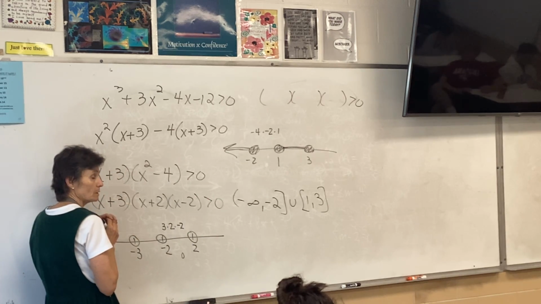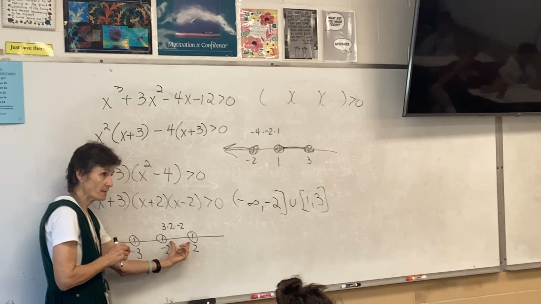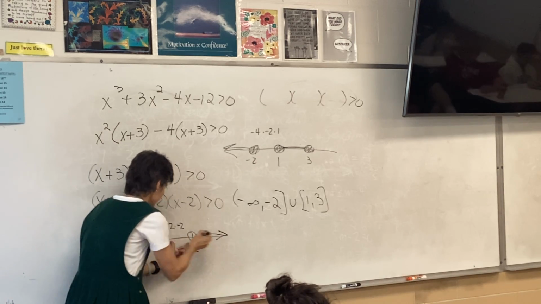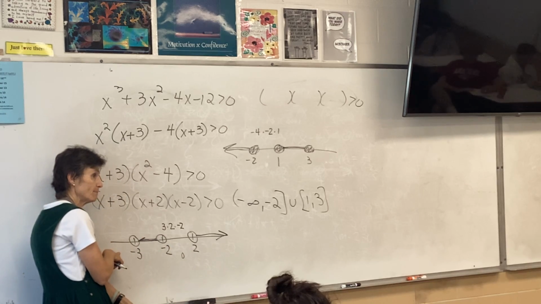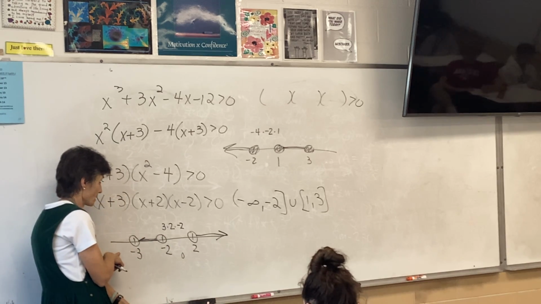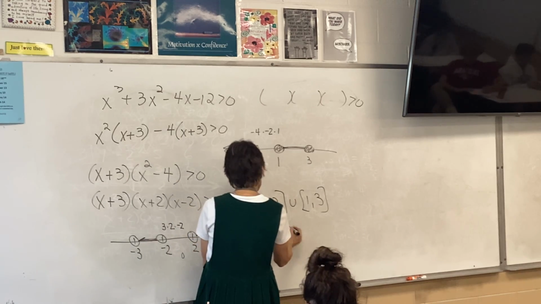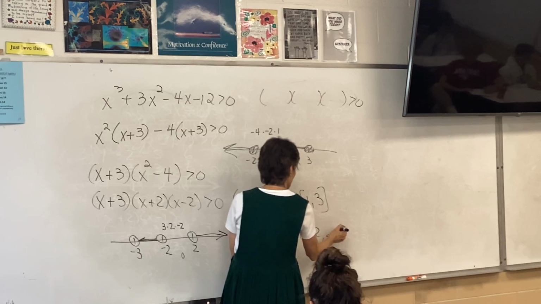No. Which means this is not shaded. Which means this is, and this is, and that isn't. So this time, I'm -3, -2, and 2 to infinity.